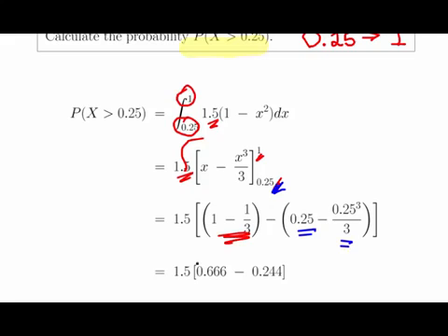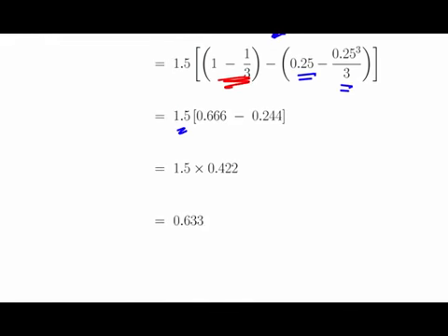So 1.5 times the difference of those two, 0.666, which is 2/3, minus 0.244. Working that out, we would get 1.5 times 0.422, and working that out in the calculator, our answer should be 0.633.